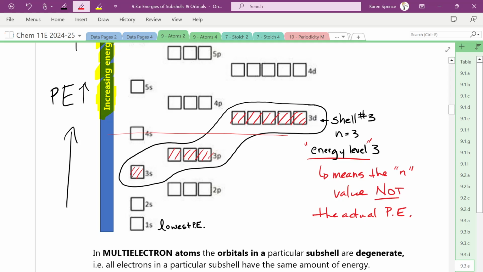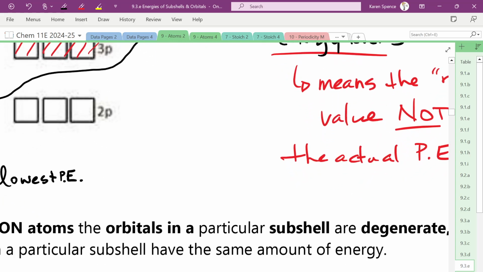But really, what you should take away from this diagram is that this applies to all atoms that are not hydrogen, and it's always the same. The energies are the same, and the orbitals in a subshell are degenerate.